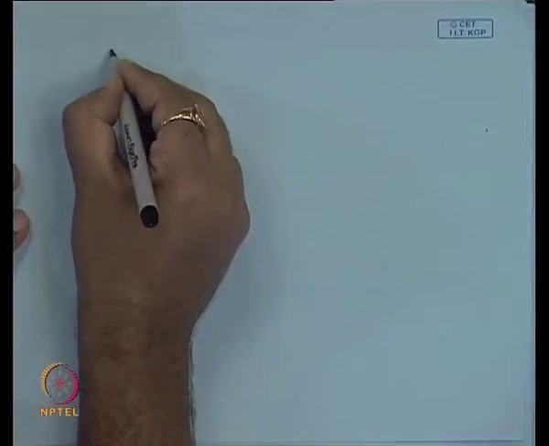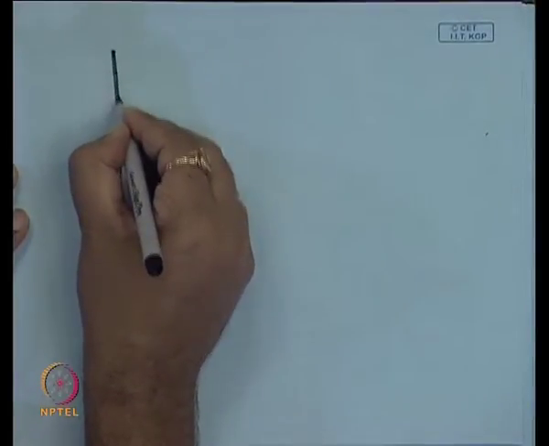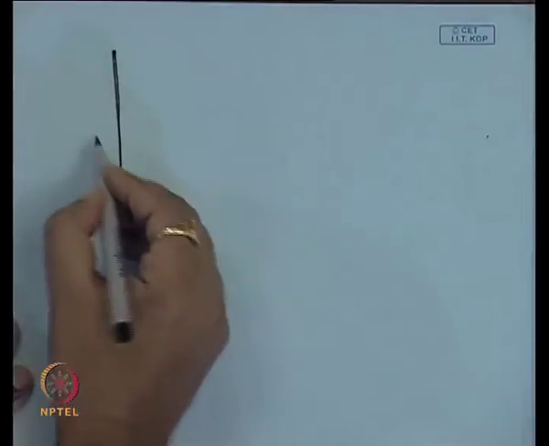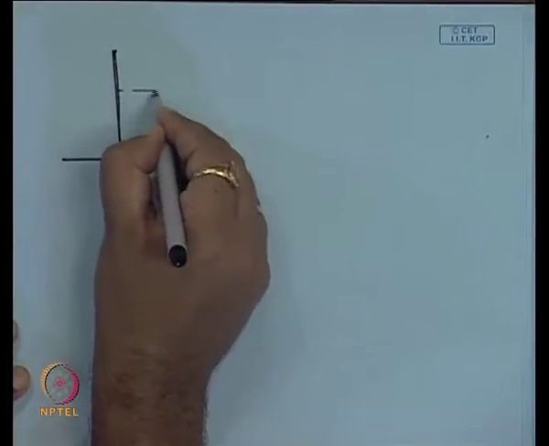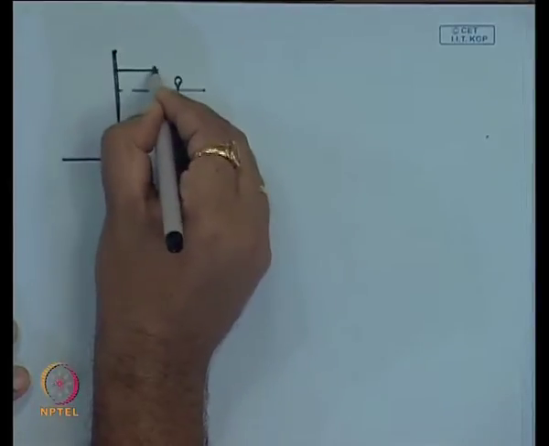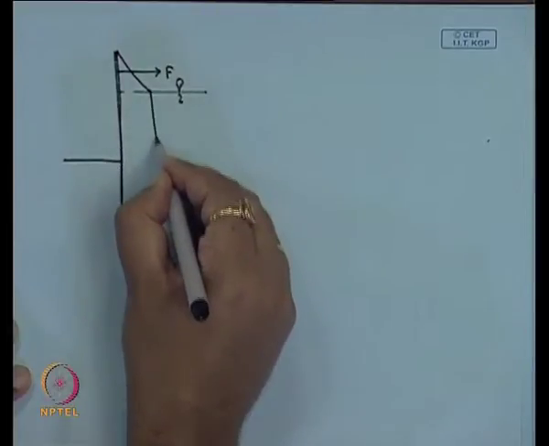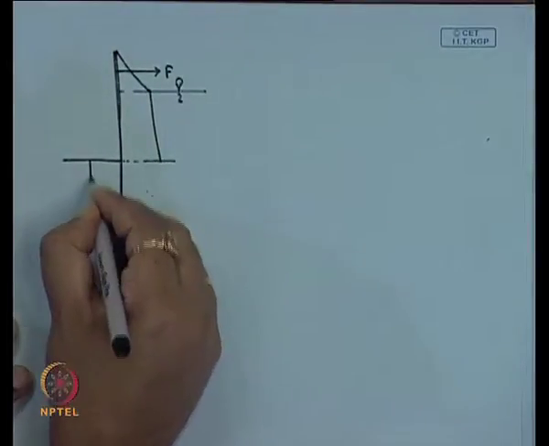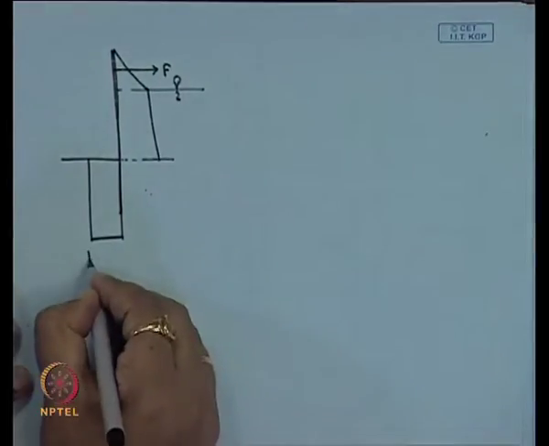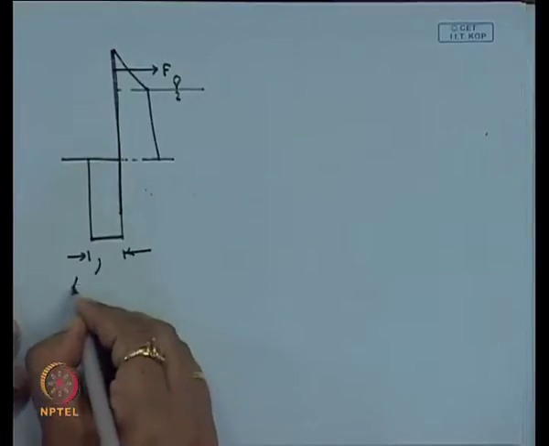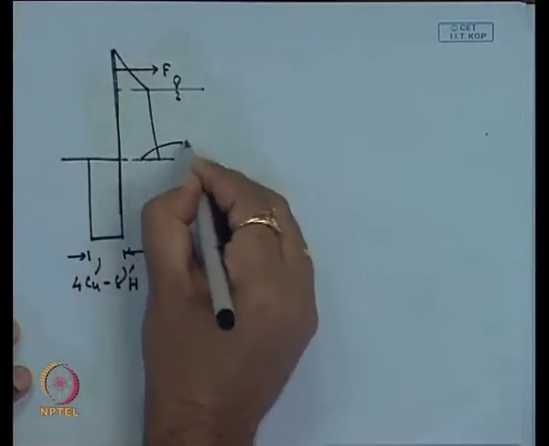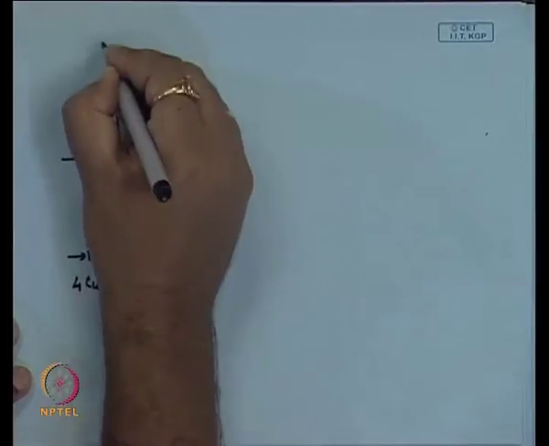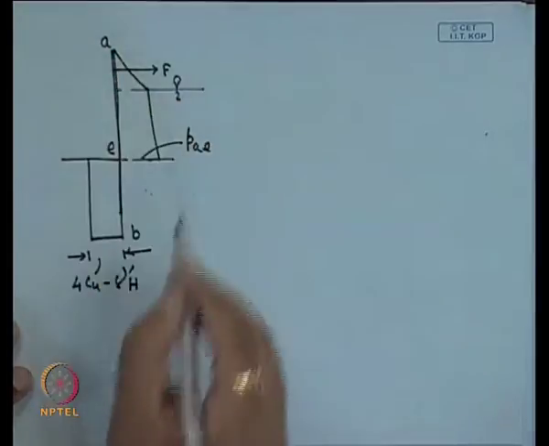So, now if I draw this same figure, this is the sheet pile, this is the dredge level, the water table position is here, and this is anchor force F. Here the net pressure we have calculated is 4 C U minus gamma dash H, and this is the P A E, that is E position, this is A, this is base B and this is the rod level.